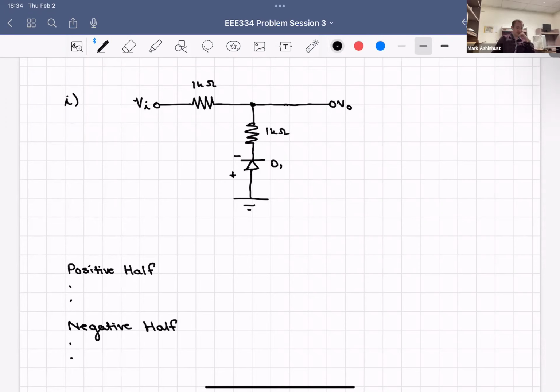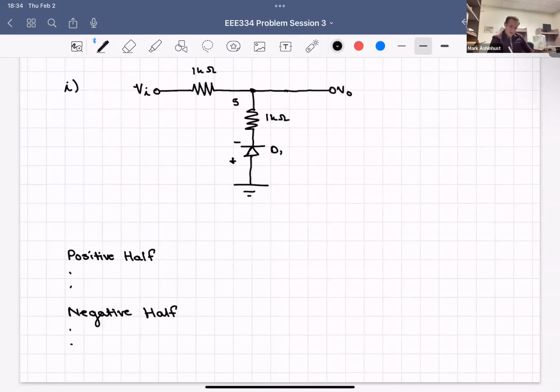So on the positive half, we're still going to have the voltage looking like that, right? Because we still have ground and then the positive voltage of VI. So on that positive half, it'll be 5 volts max. D1 is going to be in reverse bias. It would be the same thing as if we had VI and then a resistor here.